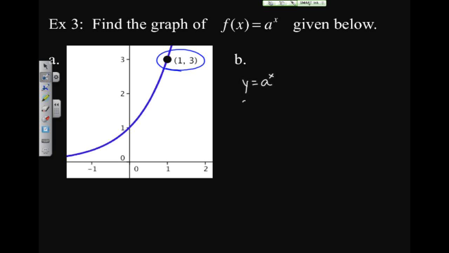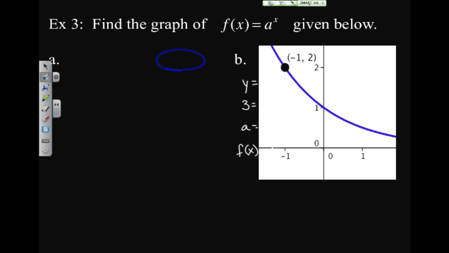So the y value there is 3. We don't know what a is yet, but we know the x value is 1. So we know that then a equals 3, and so our equation must be f of x equals 3 to the x power. So the problem is as easy as that when we have an ordered pair. We just plug it in and we solve for the base.